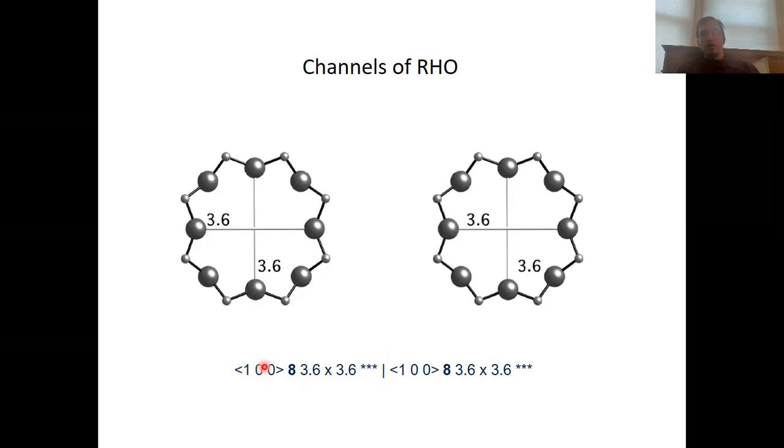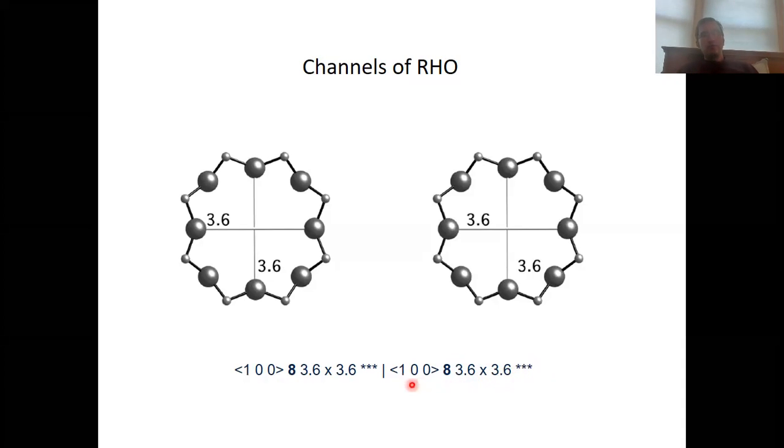So then we have another channel system, and you see that this channel system is the same as this one. So again, it runs along 100, 010, and 001. It's made of 8 membered rings, and the pore sizes are 3.6 times 3.6 angstroms, and it's 3-dimensional.